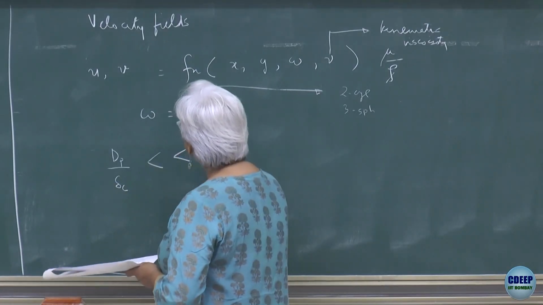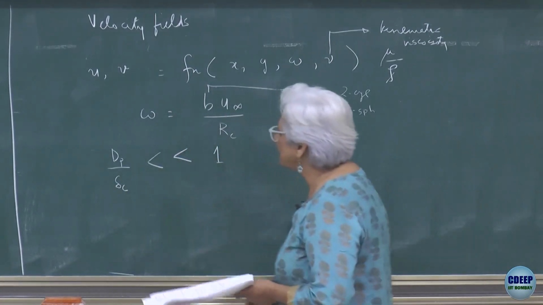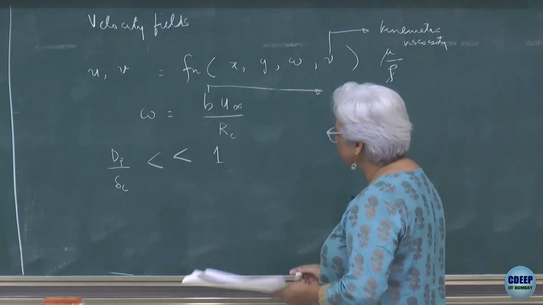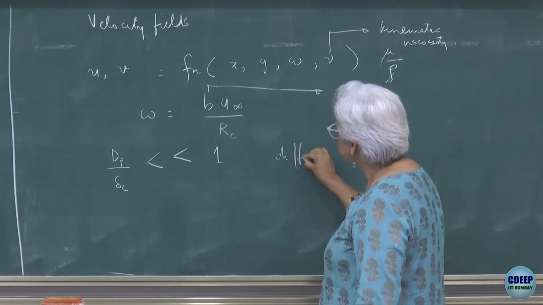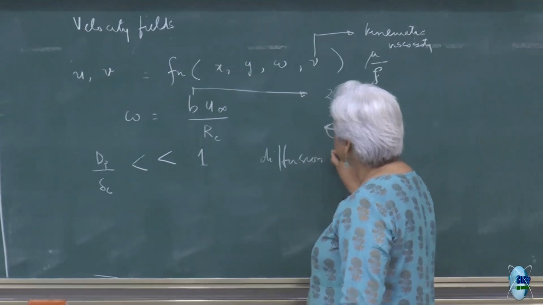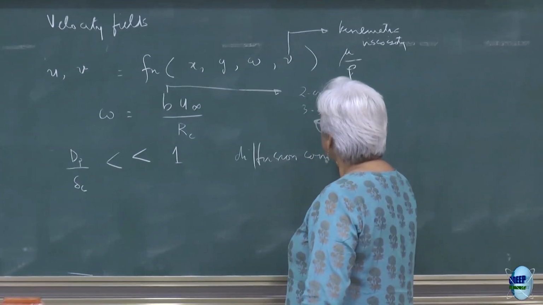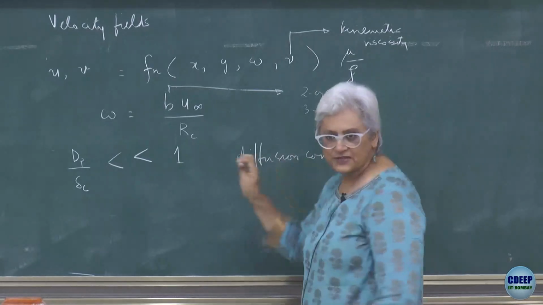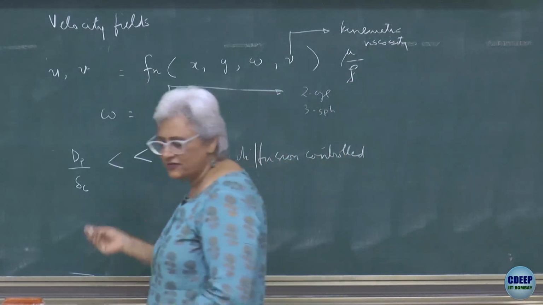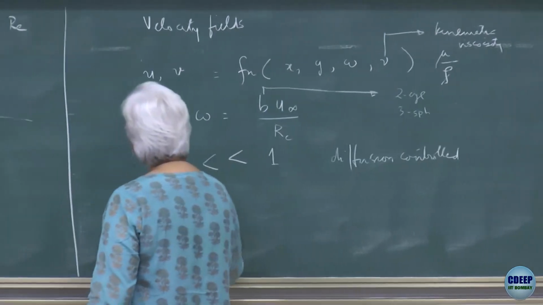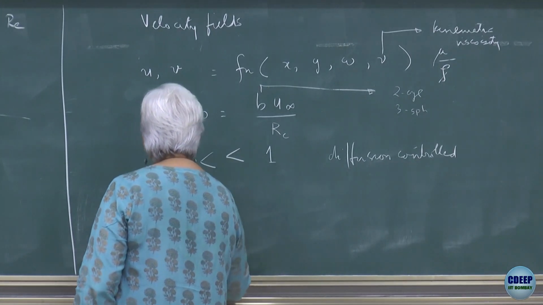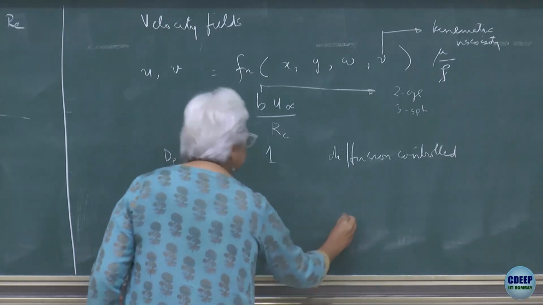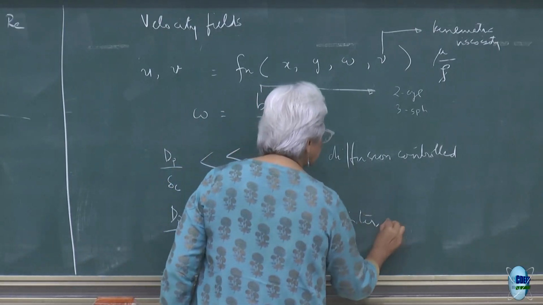Where the diameter of the particle is much smaller than the thickness of the boundary layer, what mechanism do we expect? It's diffusion controlled. The particle is very small, it has to itself get through the boundary layer. Where d_P by delta_C is greater than 1, it's interception controlled, right.